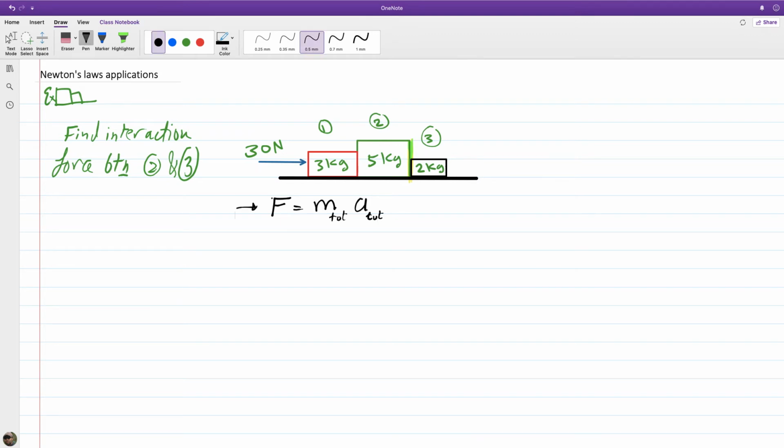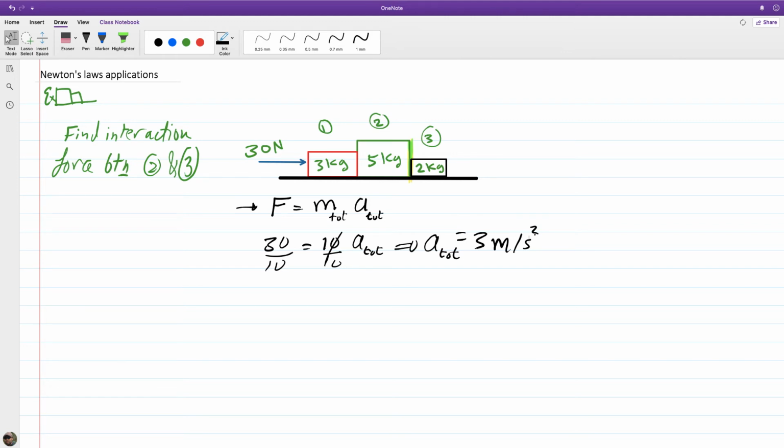And we're going this way, so that's 30 Newton is equal to the total mass, which is 2 plus 5, 7 plus 3, that's 10, and the total acceleration, we can find it by dividing by 10. So A total is actually equal to 3 meters per second squared.